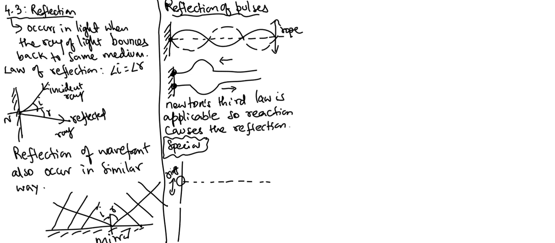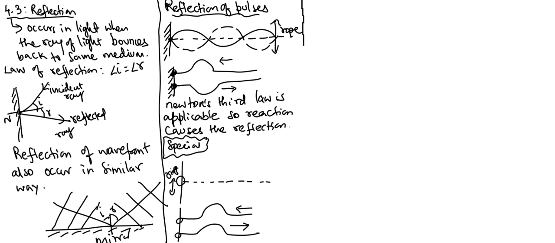The wave comes like this, and the ring moves, and then you still get another wave, but there is no difference here, it remains a crest and goes back this way. Do you understand the difference? If it is fixed here, Newton's law is applied and it comes back bounced on the other side, reversed. But in this case, it remains a crest only. So this is one of the differences that we see.